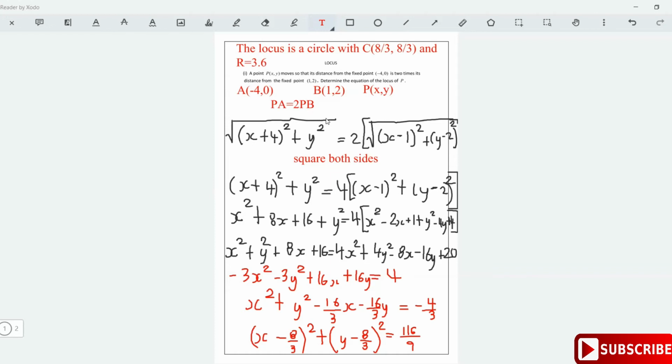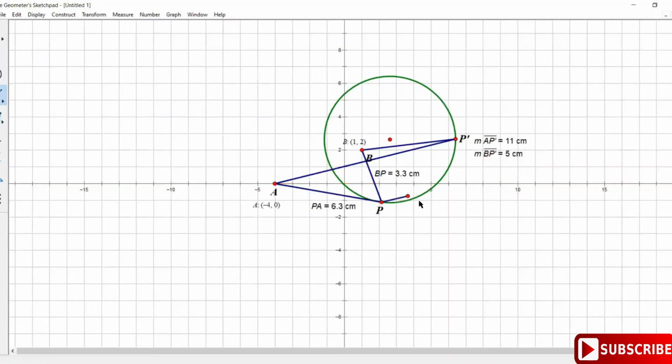So the locus is moving in a circle. Let me show you how P is moving. P is moving in such a way that PA is always twice the distance PB.